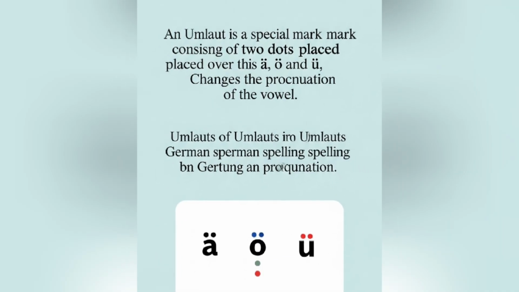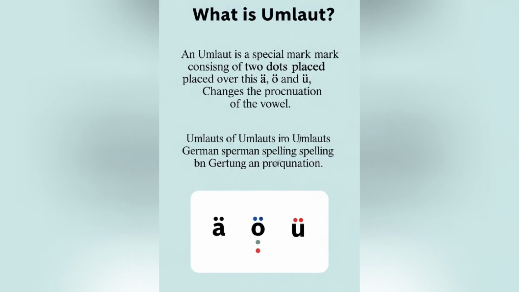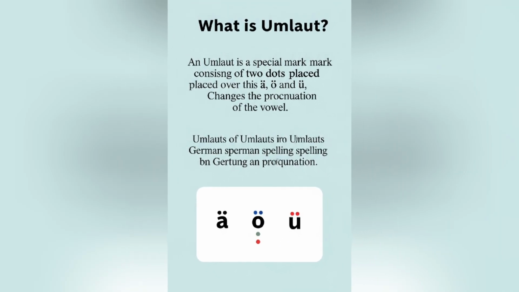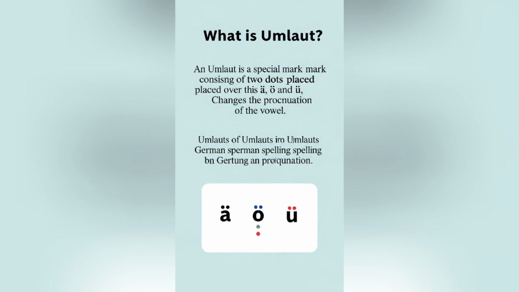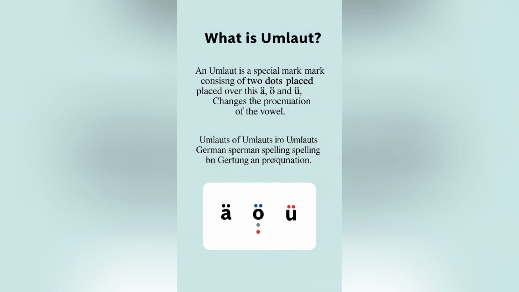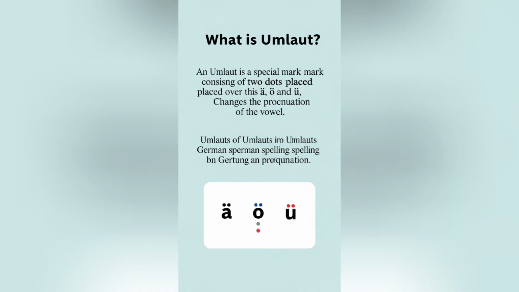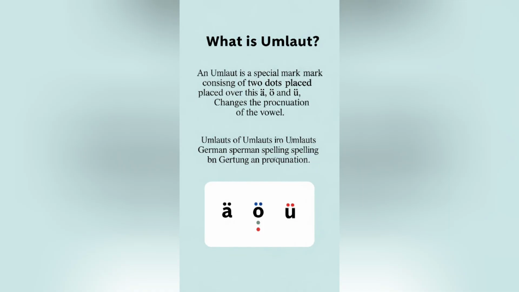So let's come to a new thing in German that's called Umlaut. What are Umlauts? In German there are 3 special vowels called Umlauts. They look like normal letters but with 2 small dots on top. These letters are A umlaut, O umlaut and U umlaut.